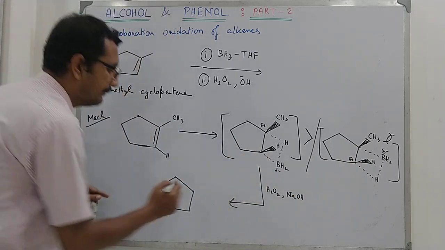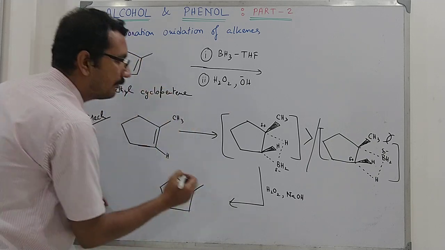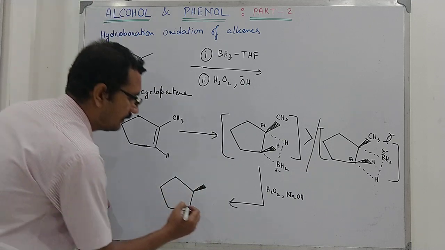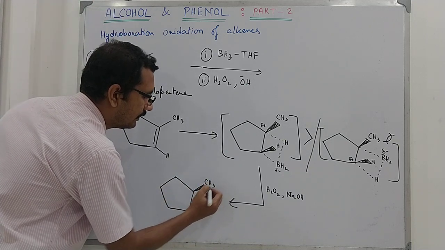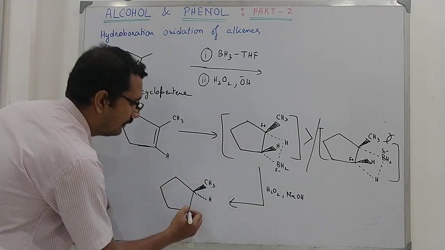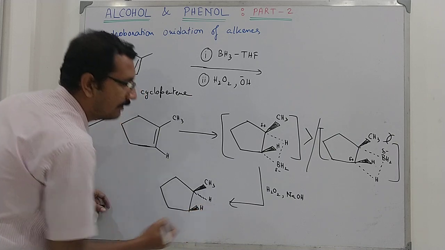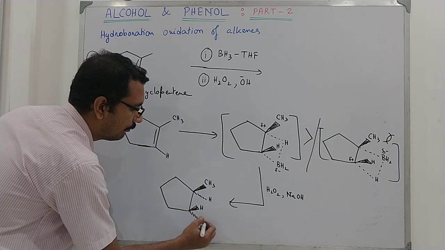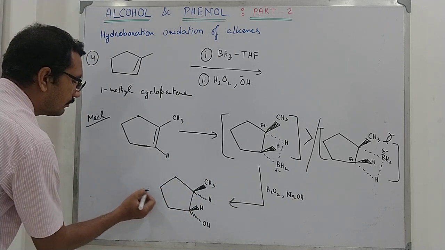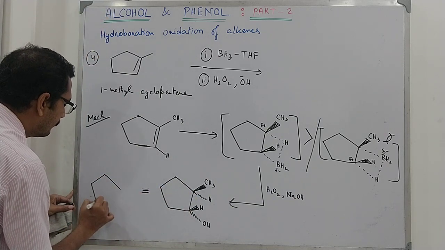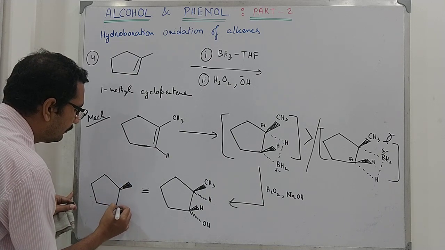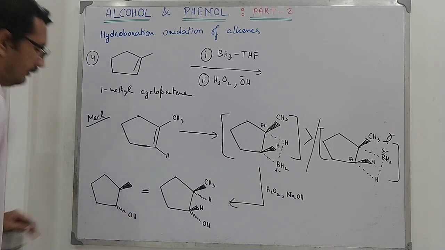So from the mechanism of the previous problems, we will have here the methyl group, CH3, the hydrogen atom from BH3, a hydrogen atom, and here we will have OH. Now we don't need to write the hydrogen atoms, so the structure will be this. This indicates the methyl group and this is the product.